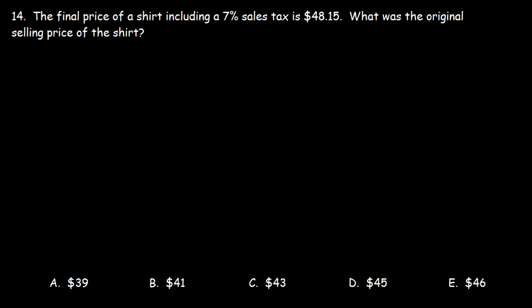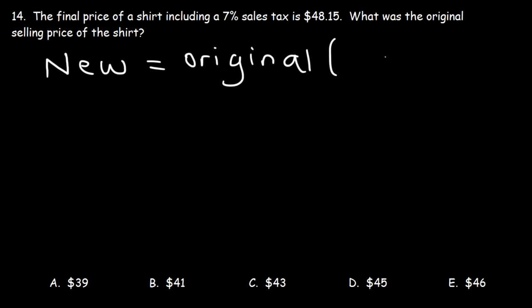Number 14, the final price of a shirt, including a 7% sales tax, is $48.15. What was the original selling price of the shirt? So in this particular example, we're going to use that formula. The new price is equal to the original price multiplied by 1 plus or minus R. So we have the new price, which is the final price of the shirt.